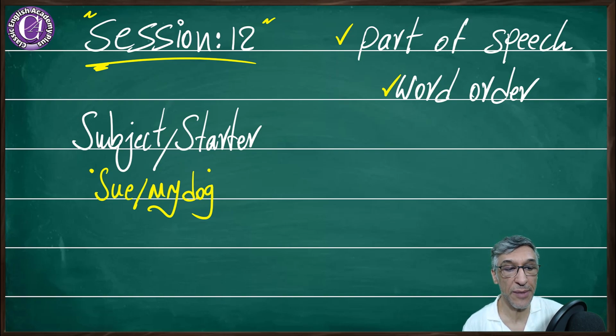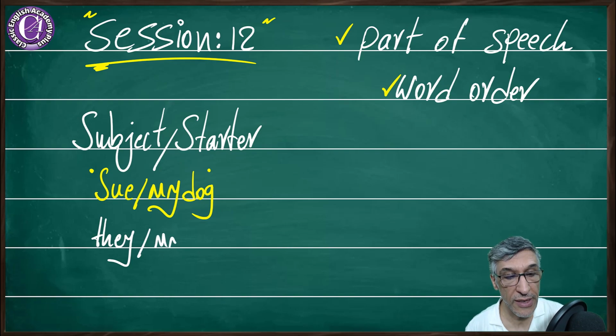Okay, sometimes we have this subject or starter in a plural form. We have something very different, like they, or we say my father and my friend. Well, this is possible.